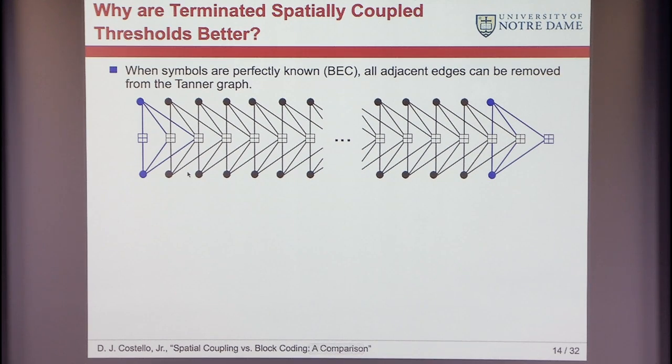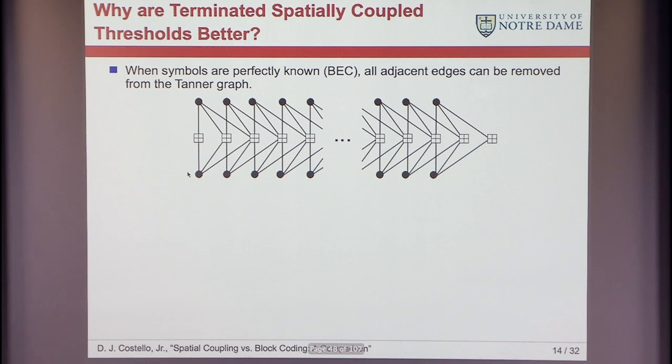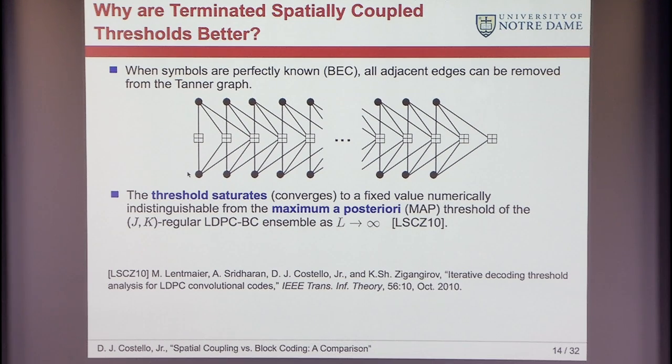Another way of looking at this is, this is again BEC. Once you know symbols perfectly, you can remove them, and the graph collapses to the middle. So this threshold saturation was observed.